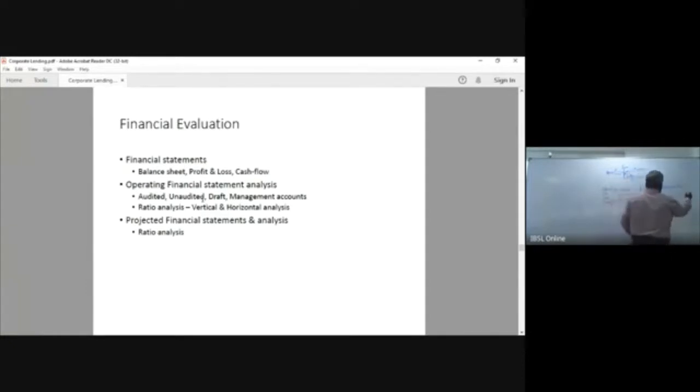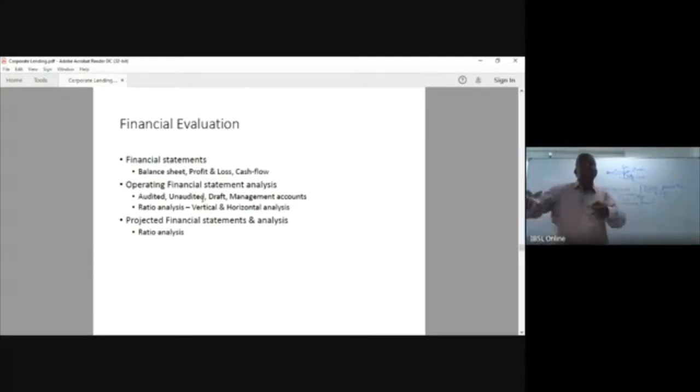This also generally we may have to do for 3 or 5 years, future projections. So there will be a projected balance sheet. Now it is 2021. So from 2021, 2022, 2023, for 3 years, you make the projected balance sheet, projected profit and loss, projected cash flow.